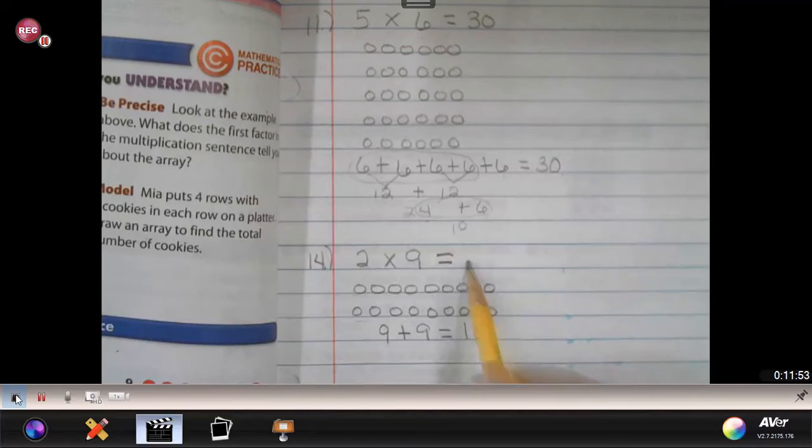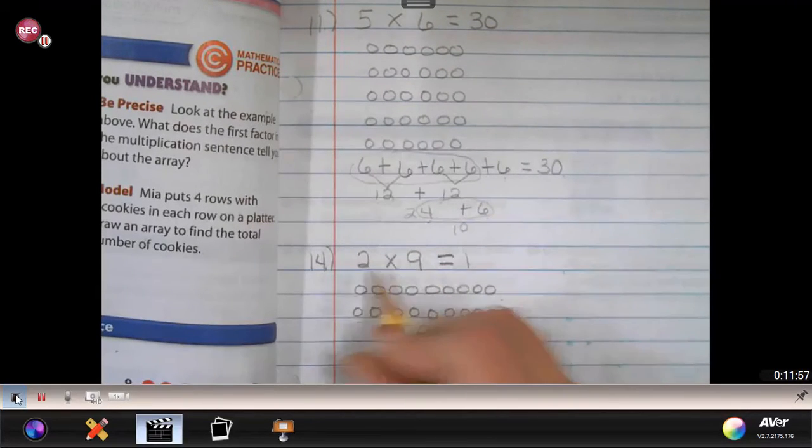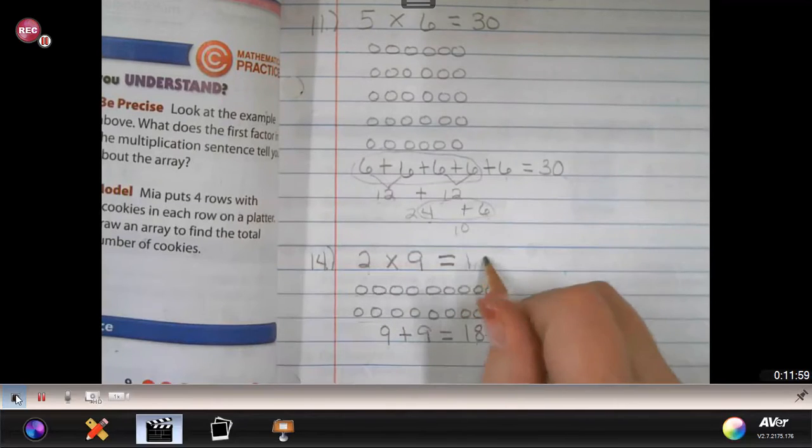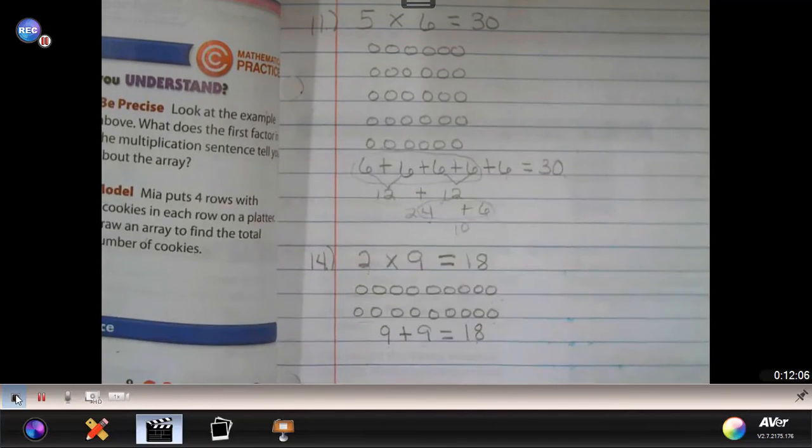So when I look at my product here for two groups of, or two rows of 9, I have 18 total counters or objects in that row.